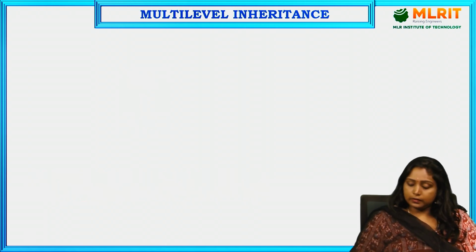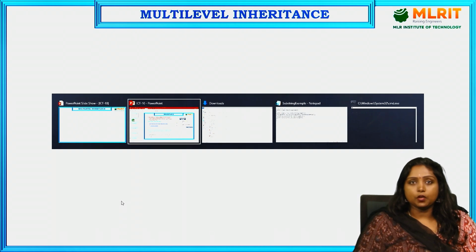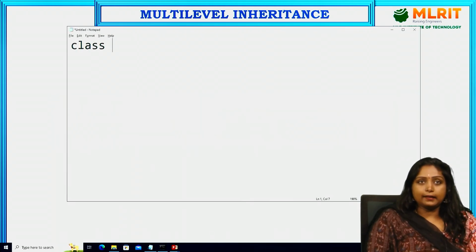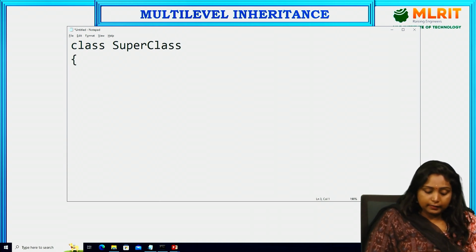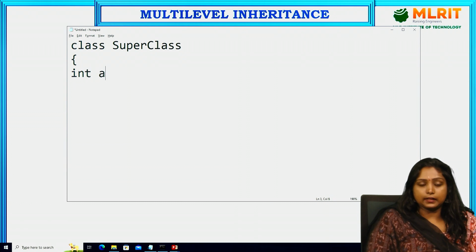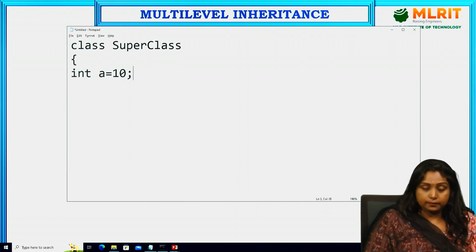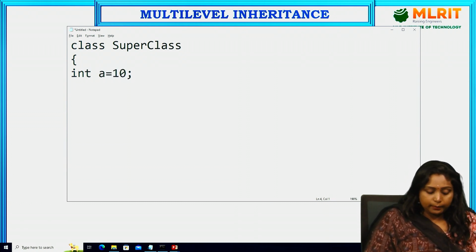Let us see a small example program of this. I am taking a class superclass. In this, I have int a equals to 10 and I am creating a method print.